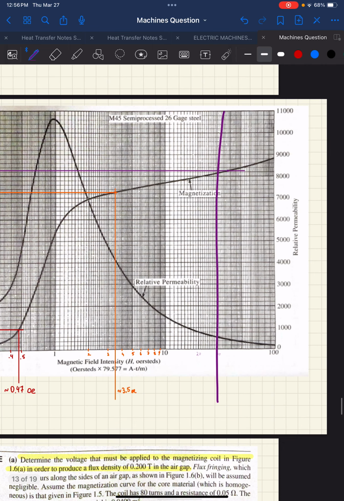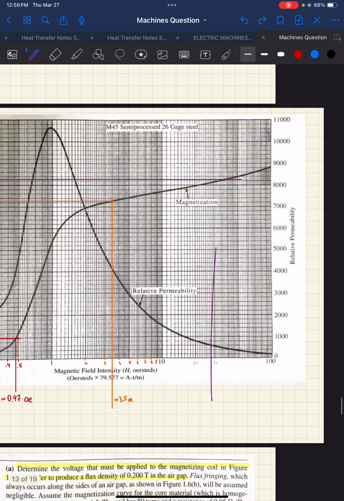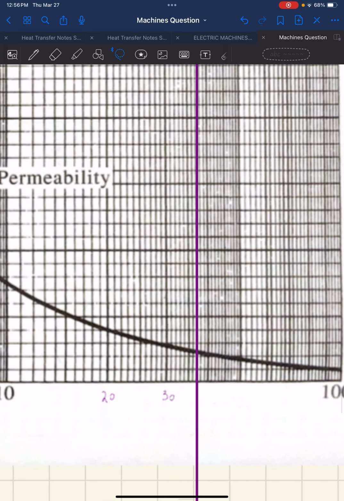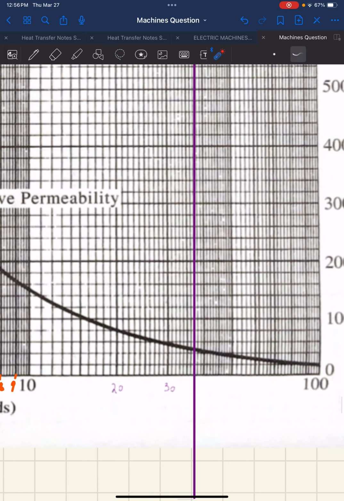Again, I'm going to draw the line and lock it in. Hold on a second. It's somewhere there. I wrote some of these numbers before. So this is 10, and this is 20, this is 30.